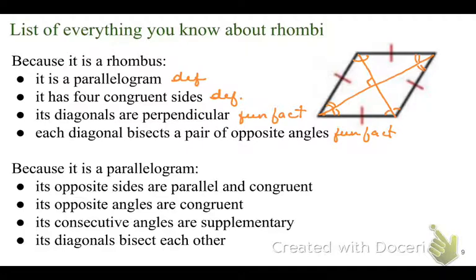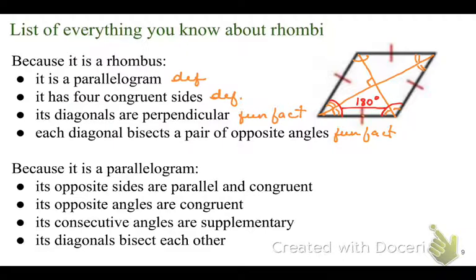Now, because it's a parallelogram, remember it's a child of a parallelogram, its opposite sides are parallel and congruent. They're not only congruent, but they're parallel. Its opposite angles are congruent, and its consecutive angles are supplementary. So if you took this angle and this angle on a rhombus and added them together, they would equal 180 degrees, because it's a parallelogram and that is a characteristic of parallelograms.